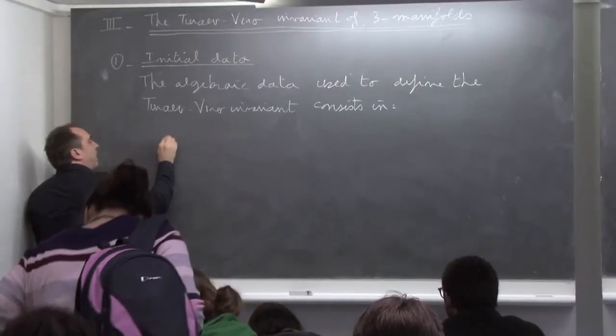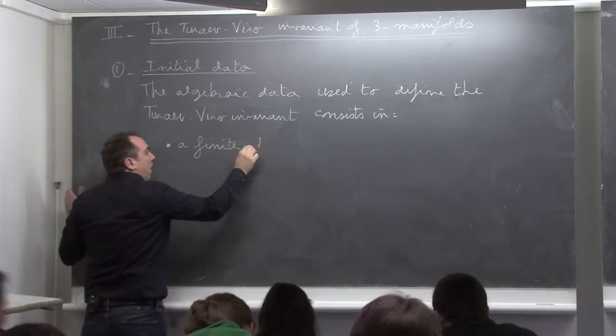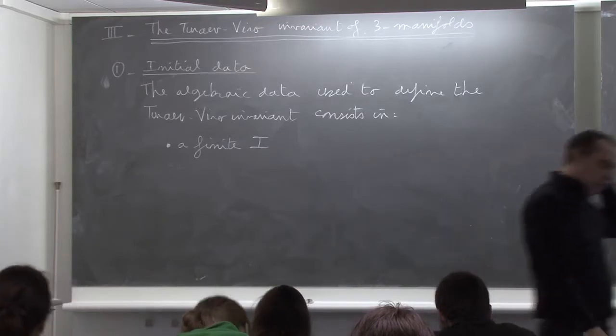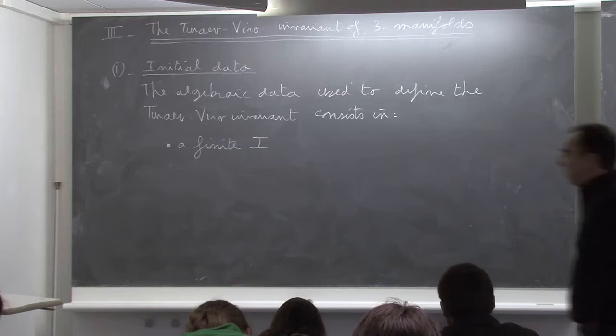First, we have a finite set I, and whose element will color the edges of a triangulation.